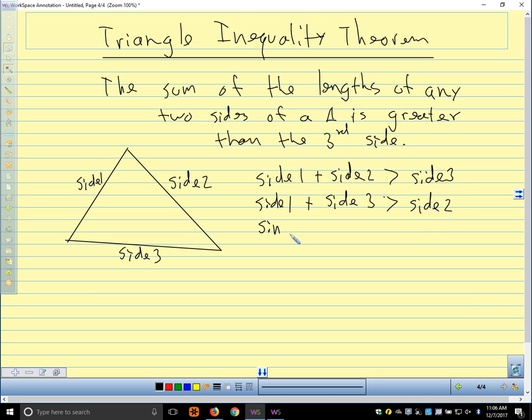And side 2 plus side 3 is greater than side 1. So you can add any pair of sides and it is bigger than the third side.